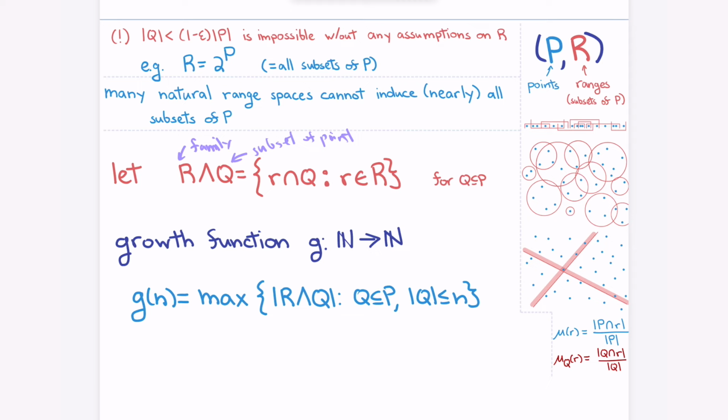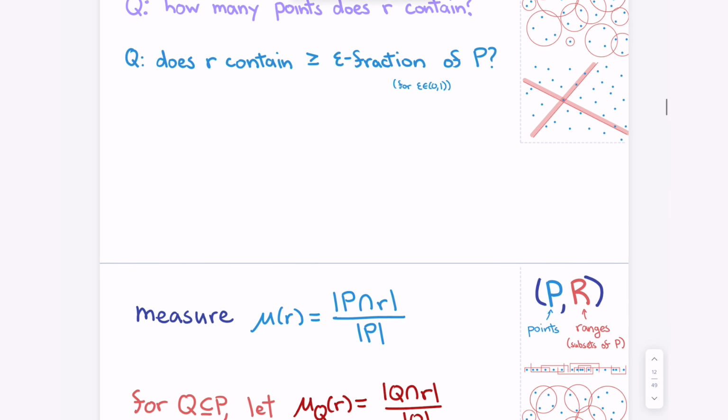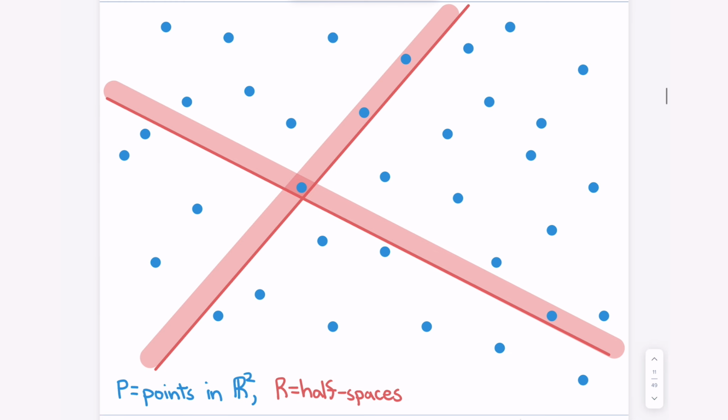Now, maybe as an example, let's look at half spaces in the plane. What would be a growth function for the half spaces? 2 to the n is always an upper bound, but is there a better one? Half spaces in the plane.